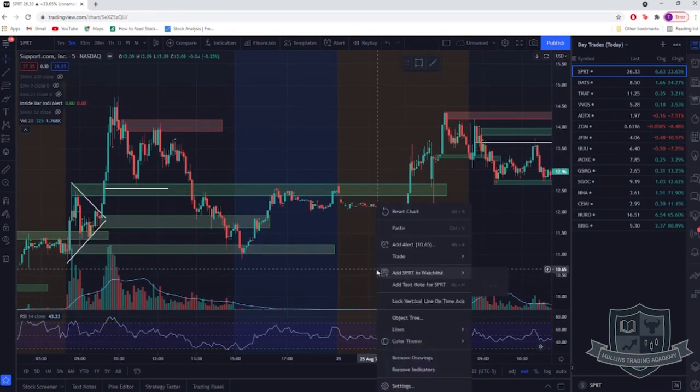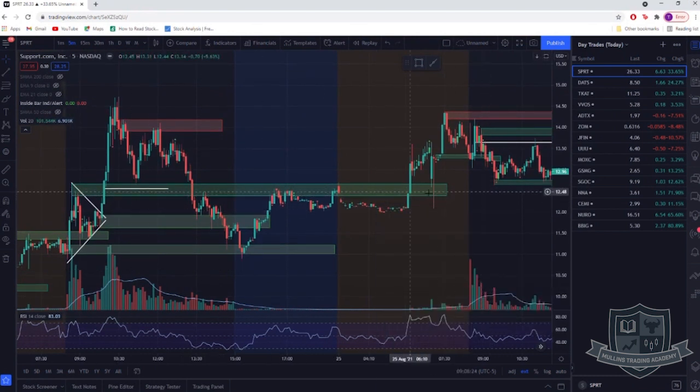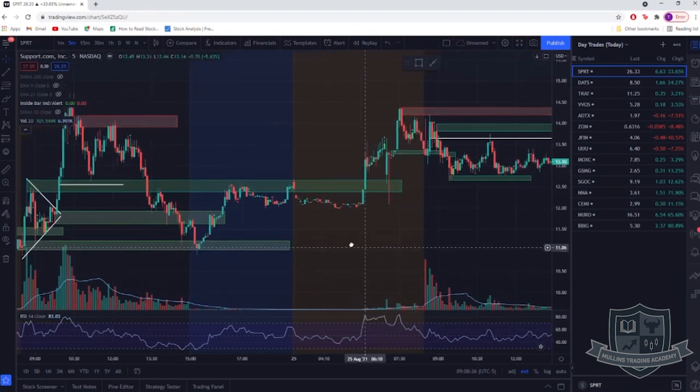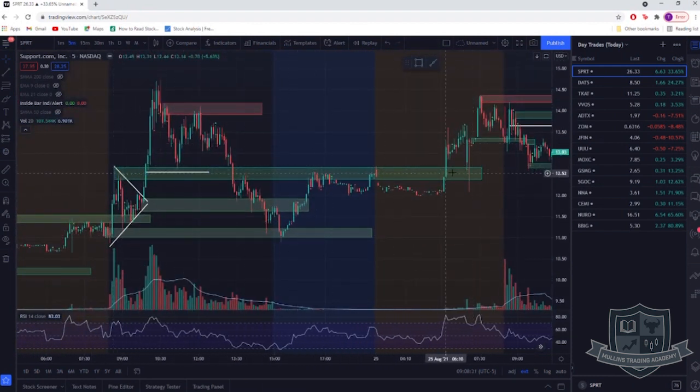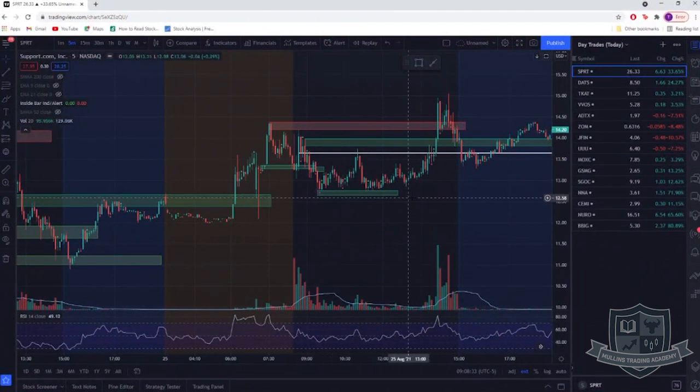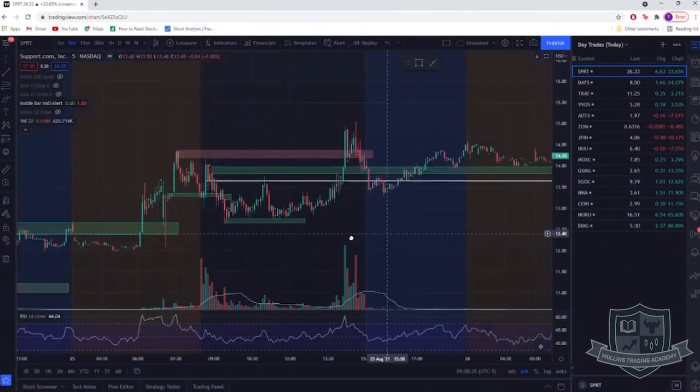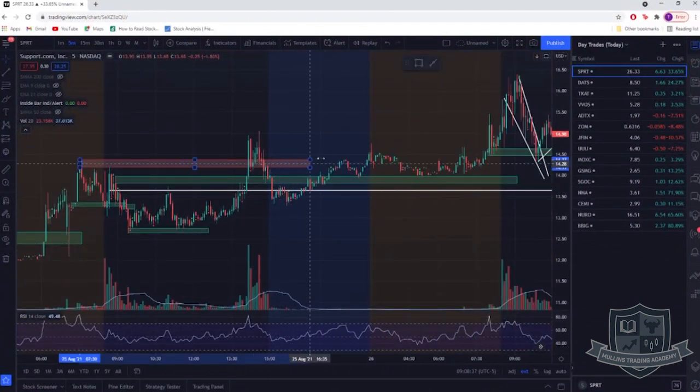Zones do not continue ad infinitum. You really have to have an eye for when they've been filled and when they lose their efficacy. So for example, this is the one that I would pull.